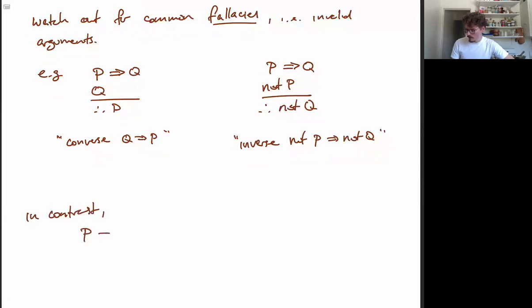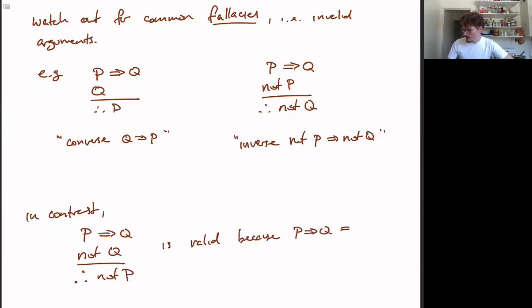Let me quickly say for contrast, if you have an argument P implies Q and not Q, and you conclude not P, this is valid because you're using the contrapositive. And remember that it is equivalent.